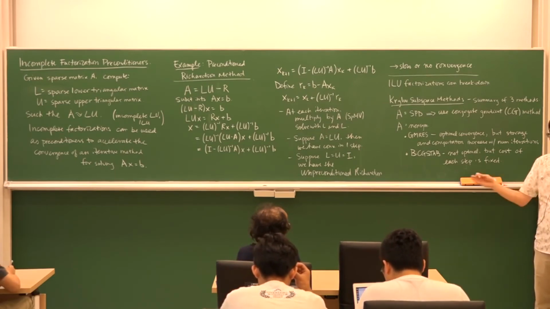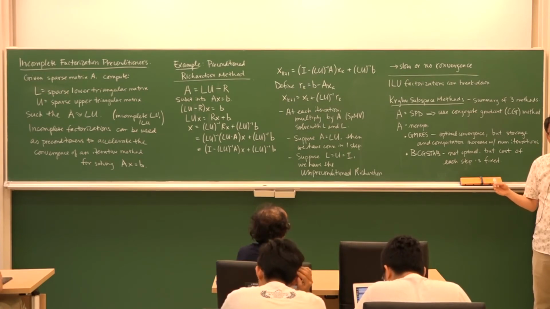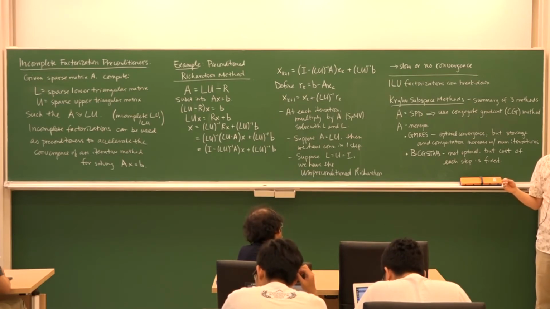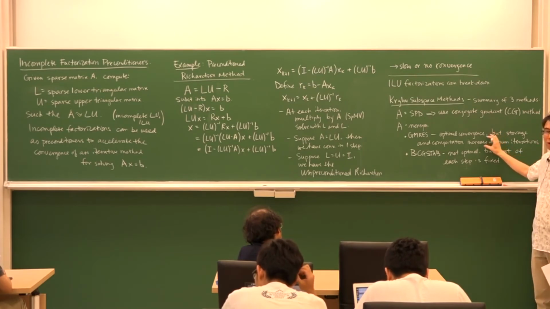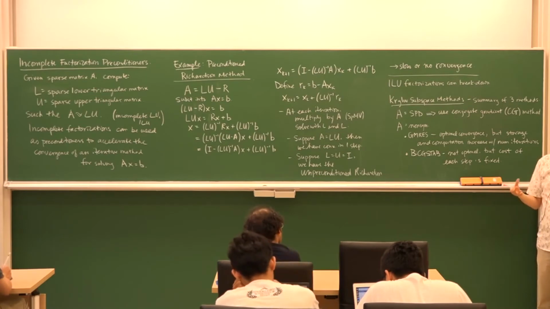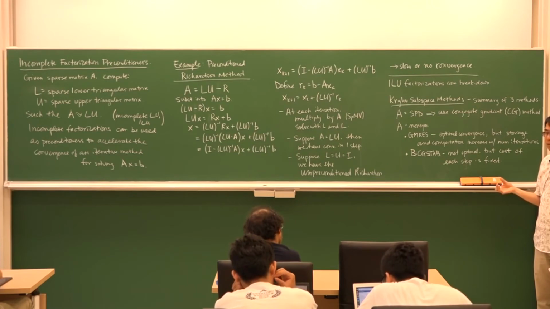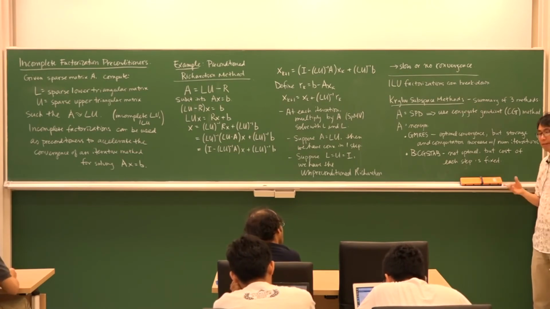Okay, maybe after 50 steps, you'll say, well, let's just restart with the current approximation, right? The method is no longer optimal from that point of view, okay? But it means that you have to pick an extra parameter, which is how many steps to do before you restart. And the way that MATLAB reports the number of iterations that were required to obtain convergence is a little bit weird, because it reports the number of times you restarted and then the number of steps you took after the last time you restarted. It's a little bit tricky.